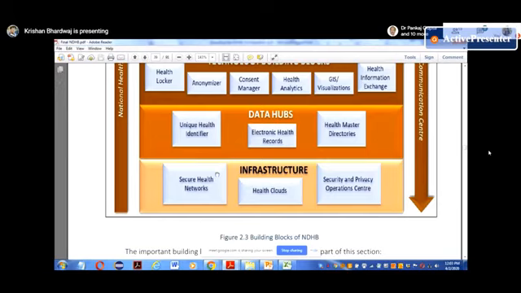And they are going to host the health clouds or the secure health networks, and they are going to set up a security and privacy operation control. And the rest of the components they are saying can be in the hybrid cloud.